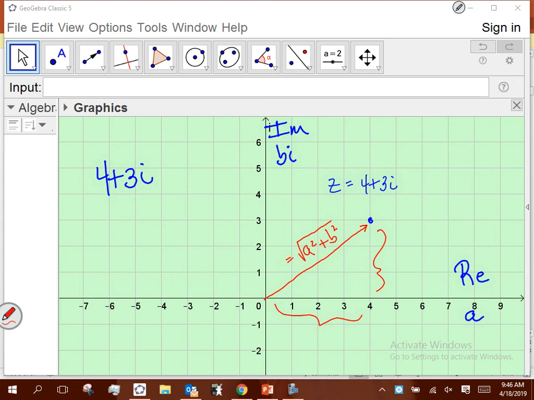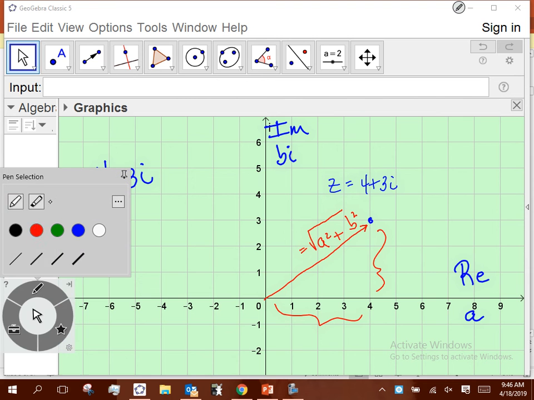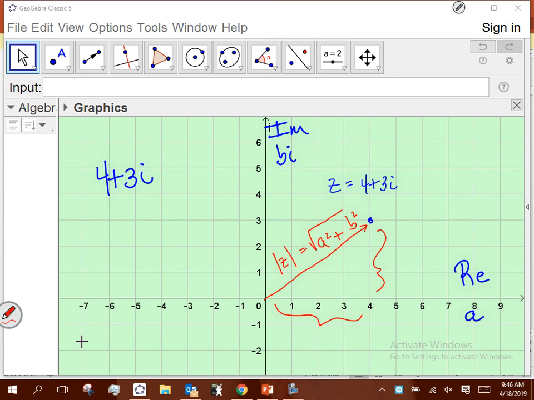And we say it's the absolute value of Z, which is the square root of A squared plus B squared. So it's just the distance, right? Does that make sense?